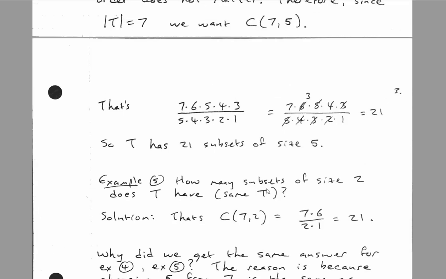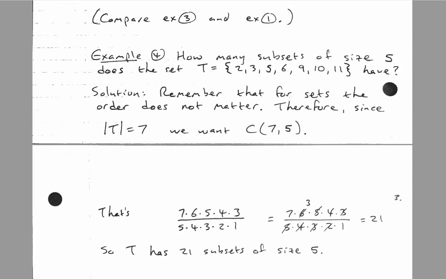So you can see, choosing 5 things from this set, well, if you choose 5, then you're leaving out 2. So choosing a group of 5 from 7, that's the same as choosing what's left out, so that's 2.